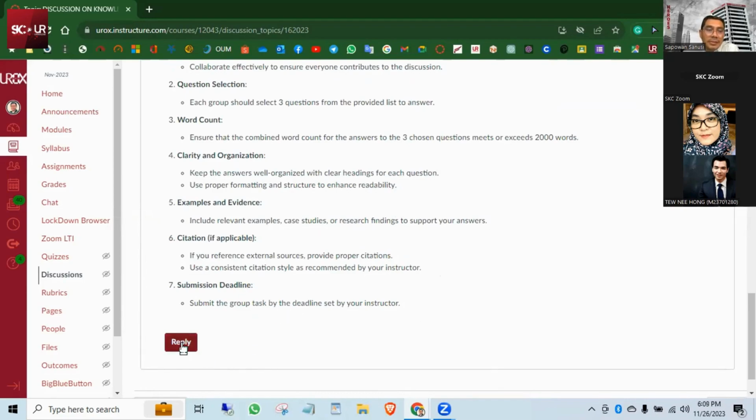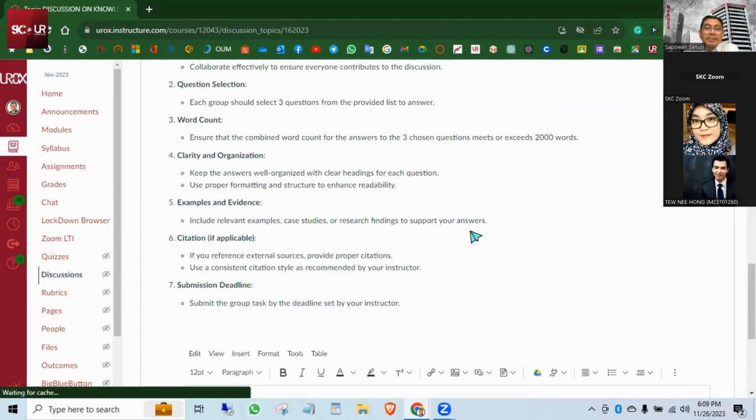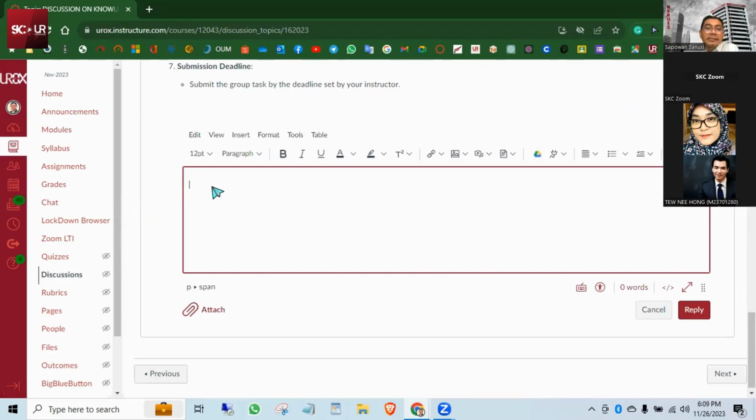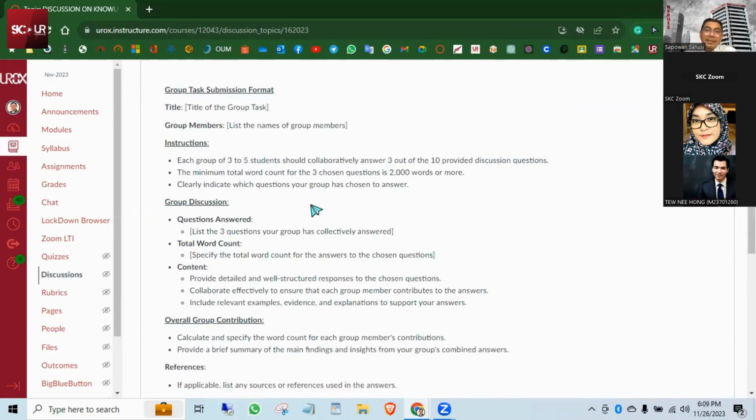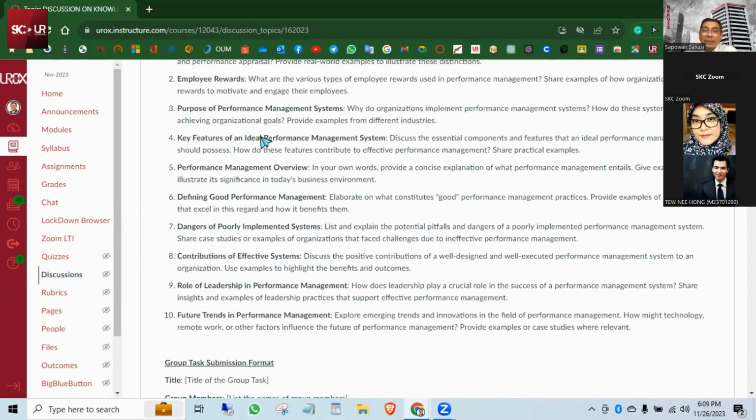I do suggest for you to just replace your answer here, because it's easier for me to do the counting of the wording. If not, you just attach it separately. Each of the members needs to answer at least one topic.